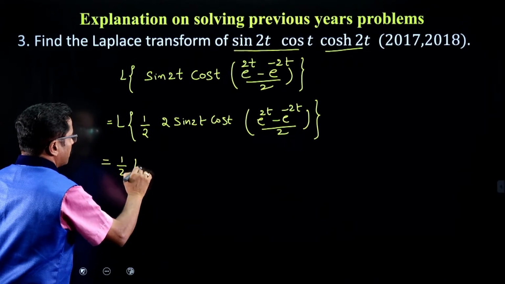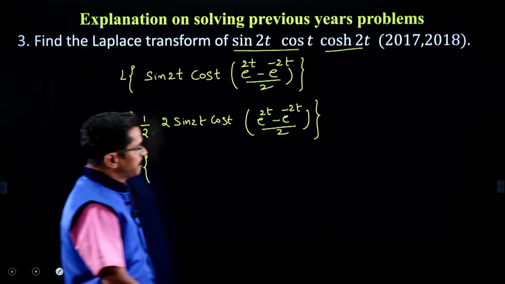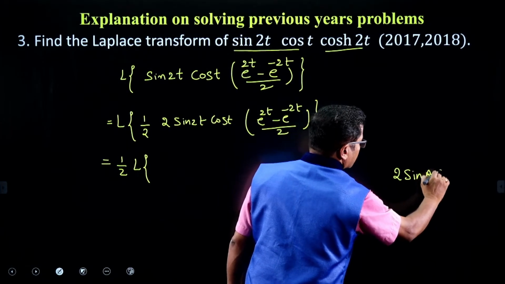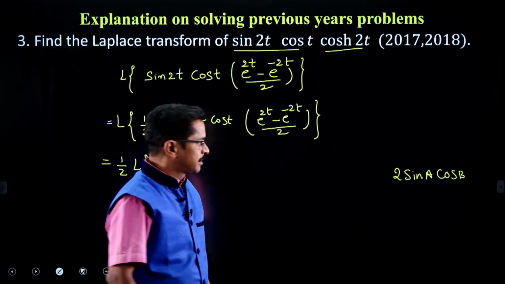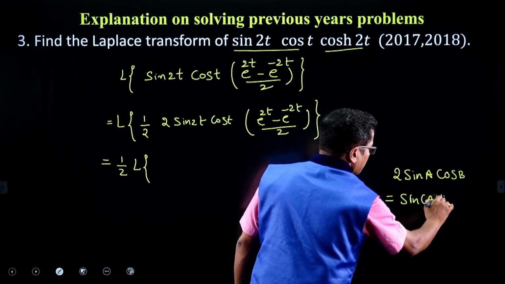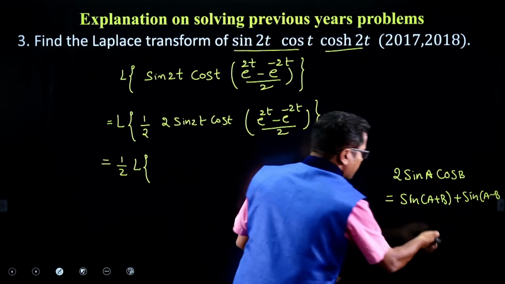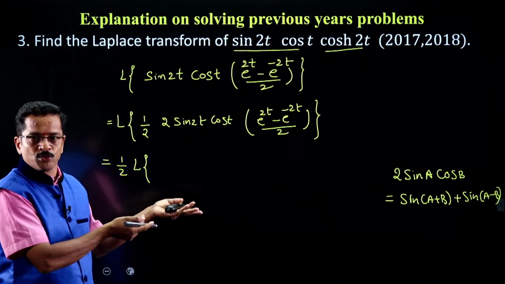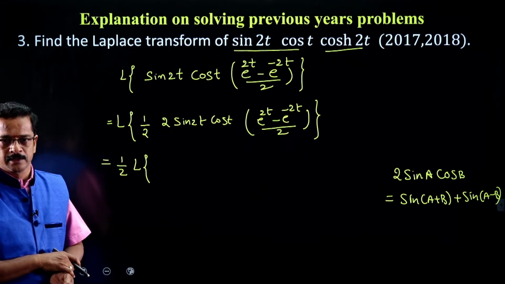So 1 by 2 L of 2 sin A cos B. Formula is sin A plus B plus sin A minus B. These are basic formulae which you came across at your plus 2 level, I hope you are familiar with them.